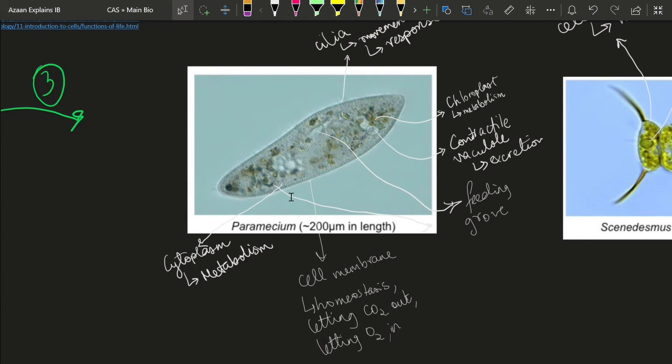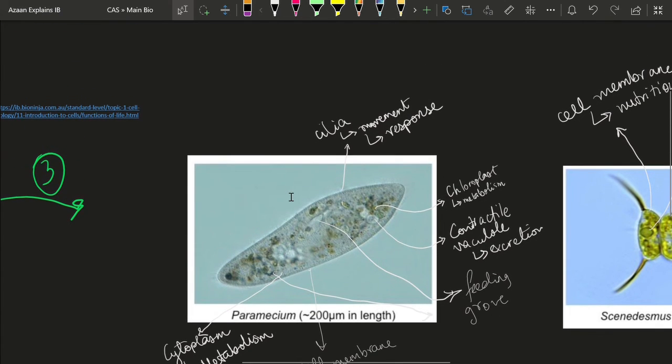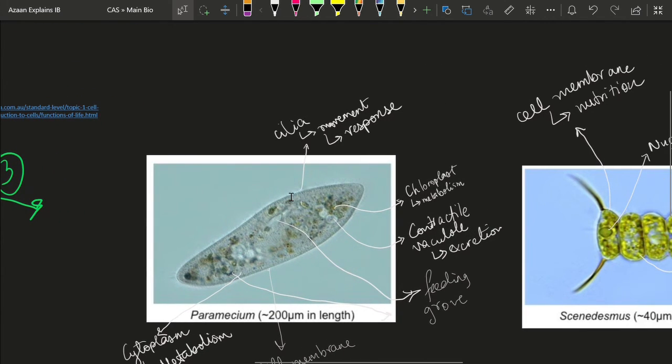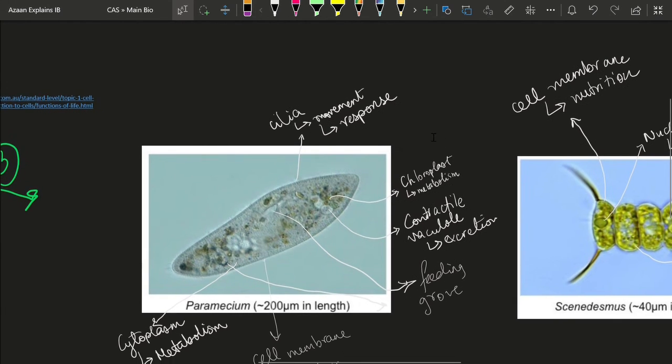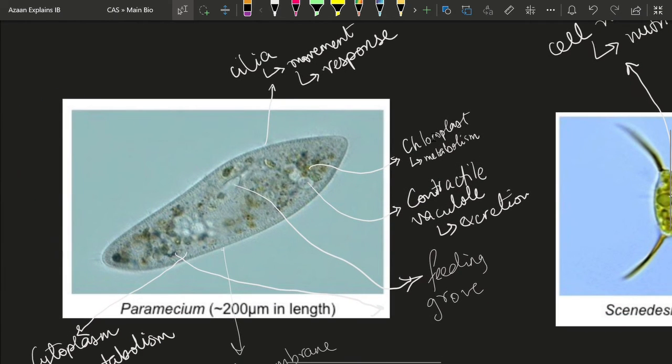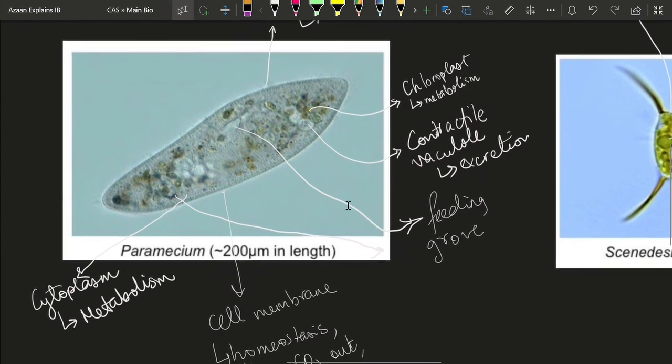Very important for allowing the cell to conduct the other functions of life, such as its photosynthesis, which is carried through chloroplast, which is also a part of its metabolism. Paramecium also have what are known as contractile vacuoles, which are essential for excretion of waste.